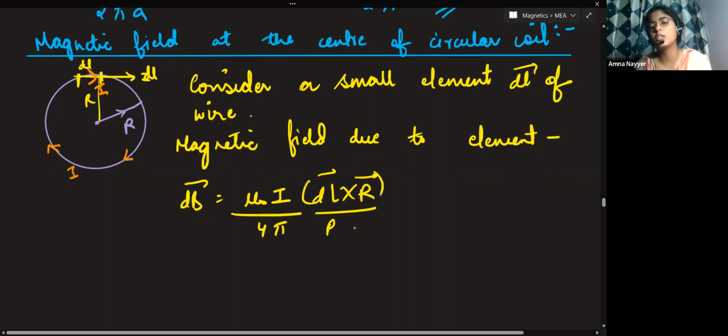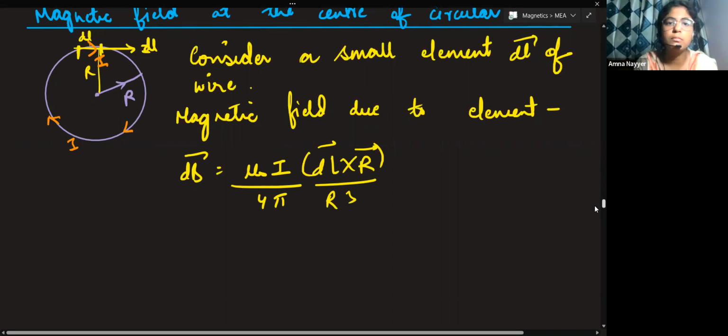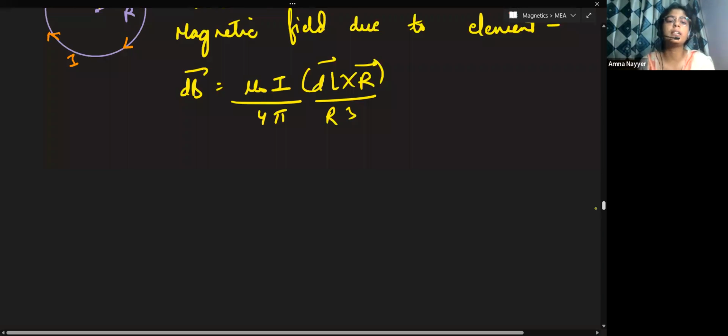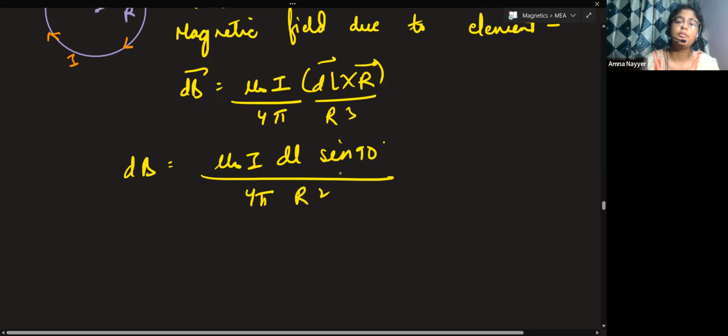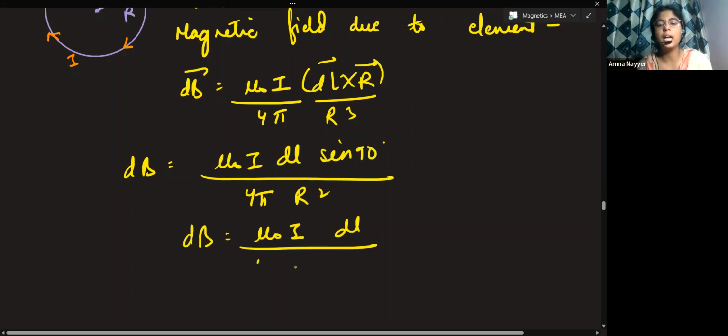Or you can write it in non-vector form: dB equals mu naught I dl sine 90 divided by 4 pi r square. This will be the formula. Eliminating sine theta, this gives mu naught I dl divided by 4 pi r square.